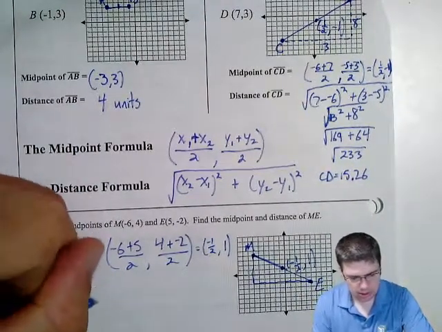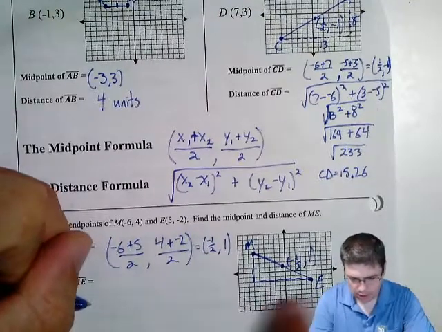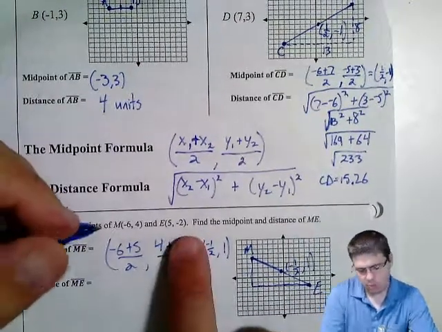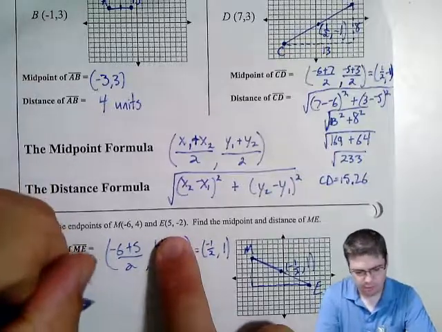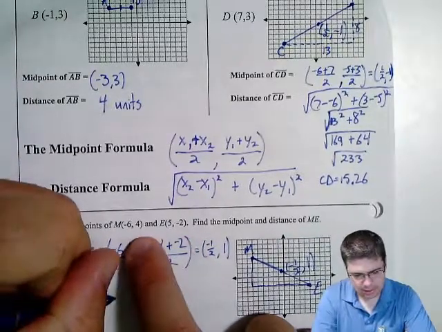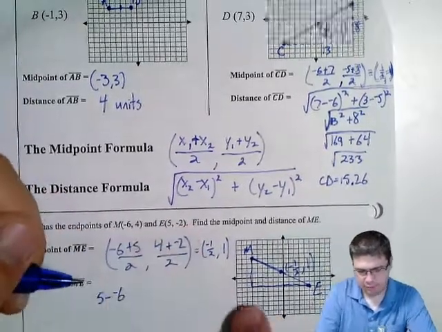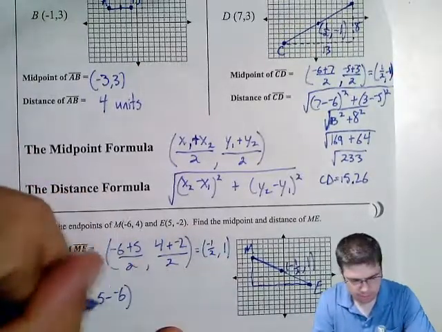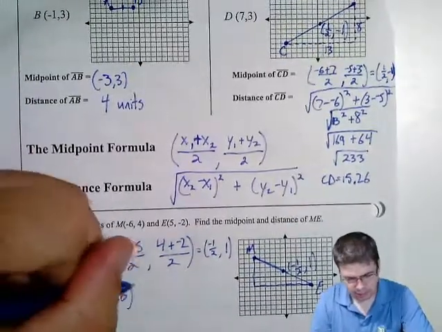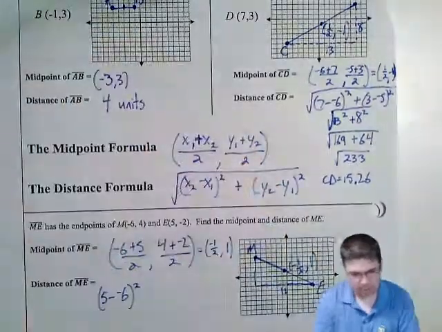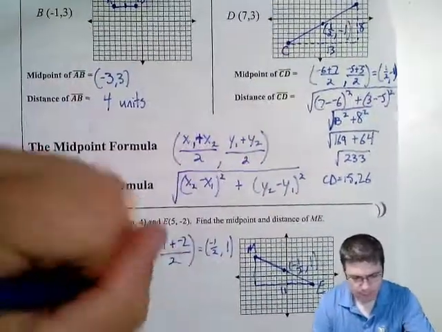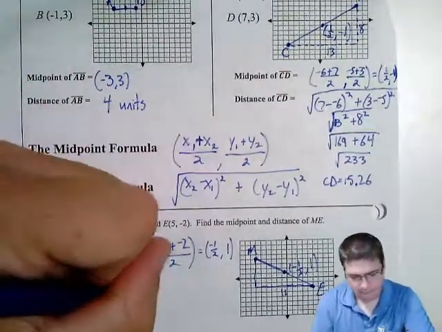So it is the horizontal distance. So I'm going to go x2, so it's 5 minus -6. So that's how far we've traveled over. So 5 minus -6 is 11. That distance squared, that's ultimately going to be 11. So we have that plus 8.